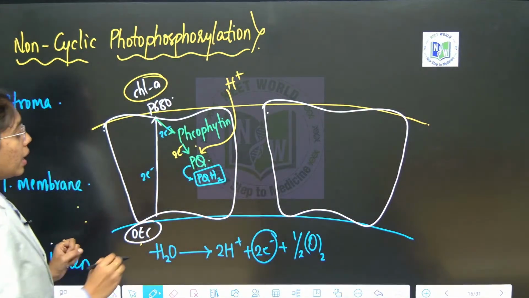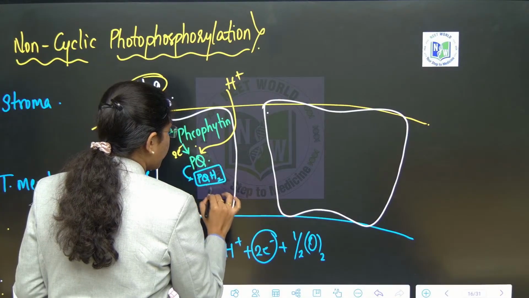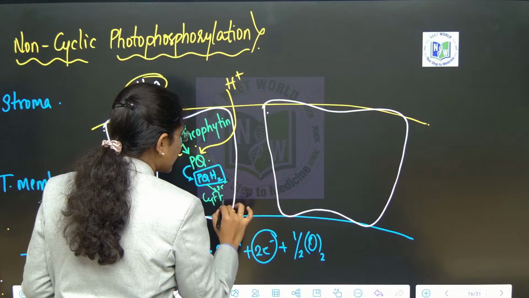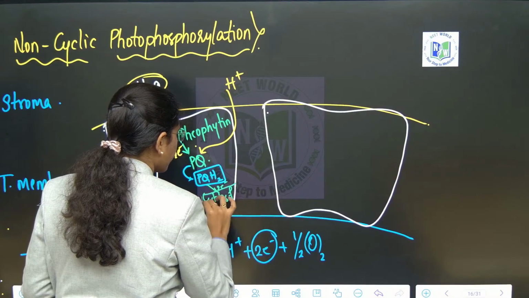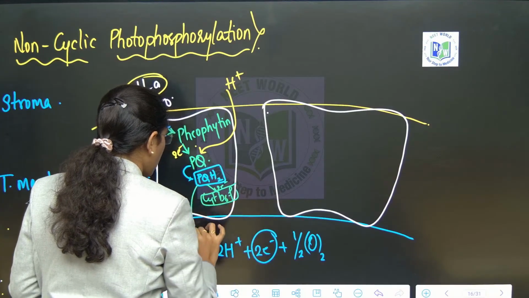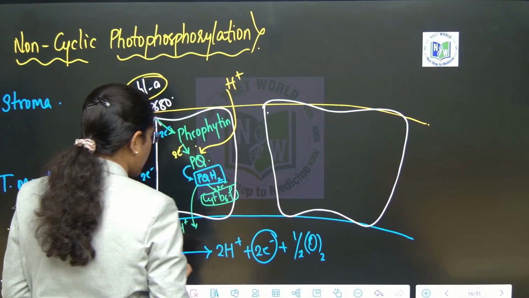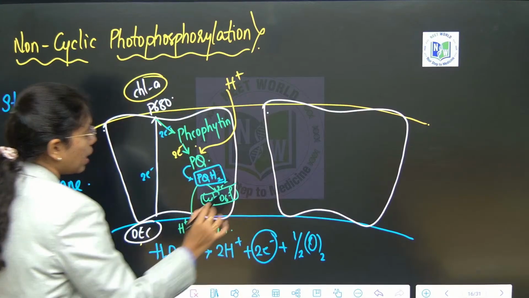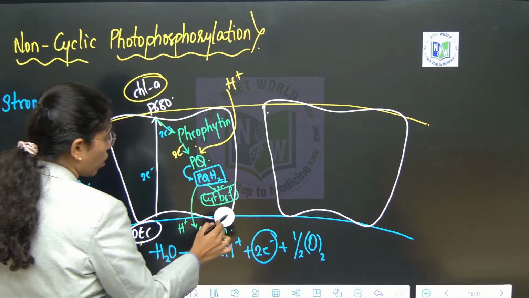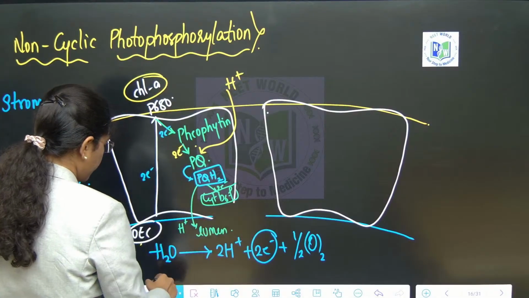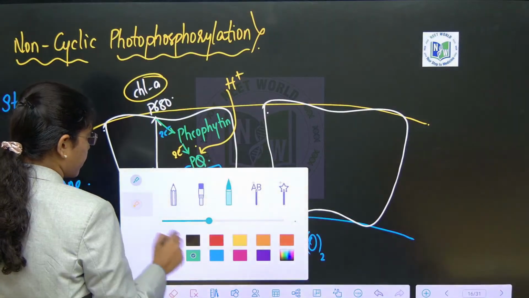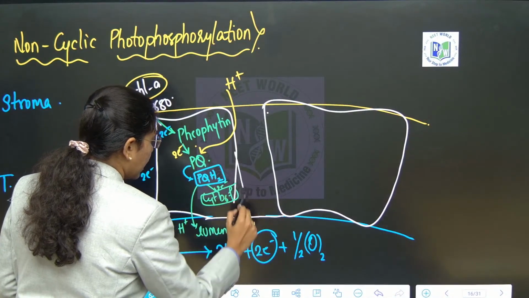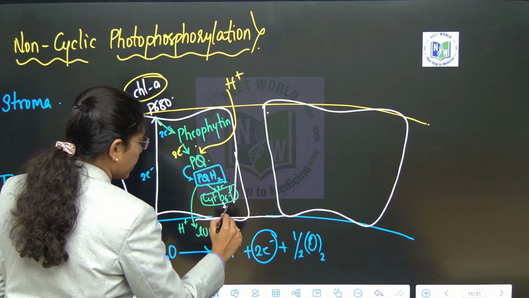And then electrons are being pumped to the cytochrome B6F complex, whereas protons are being sent to the lumen. Now, the ultimate electron acceptor over here will be plastocyanin. Okay, plastocyanin will be the ultimate electron acceptor here.